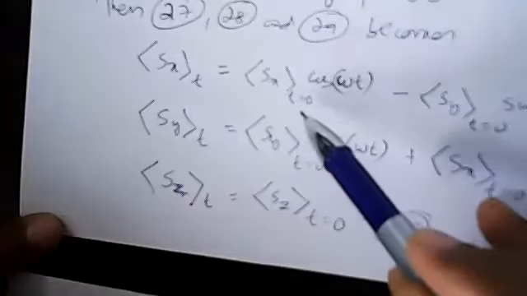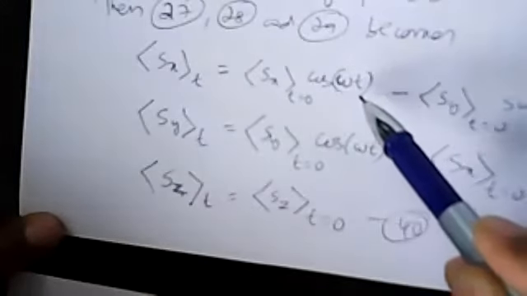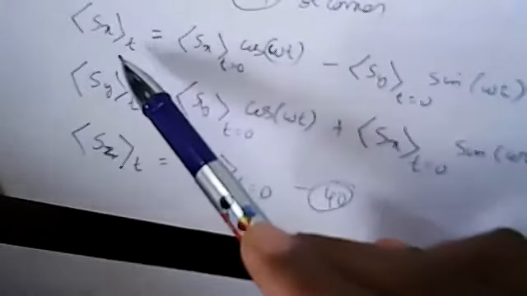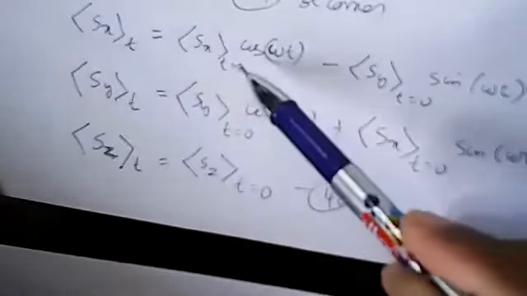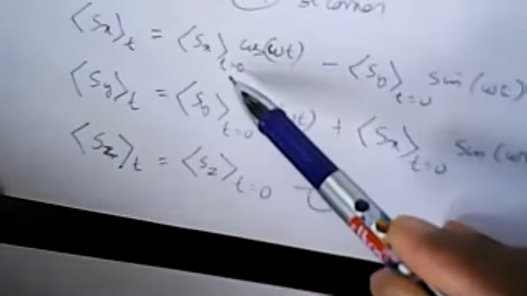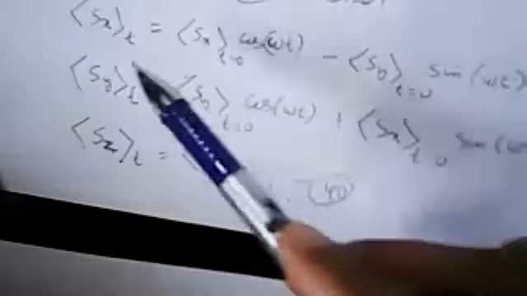Sx at t equal to 0, cos omega t, minus Sy at t equal to 0, sin omega t. Hope you can simply substitute phi equal to omega t, replace r by t, and the initial expectation value at t equal to 0. Okay. So three equations become like this: Sx, Sy and Sz.